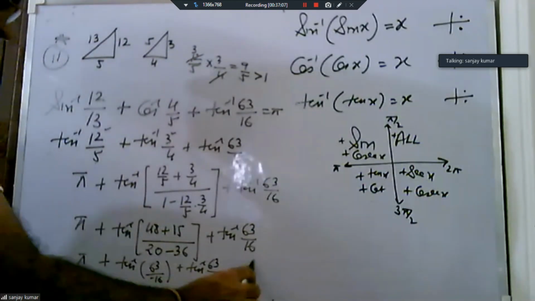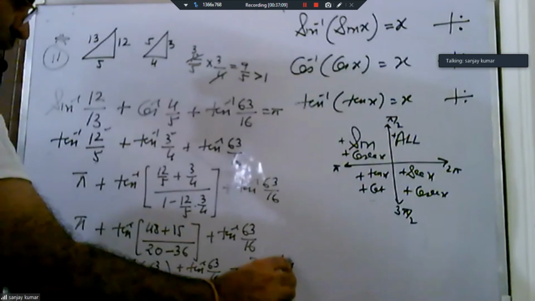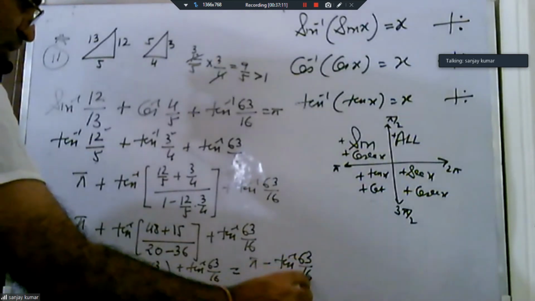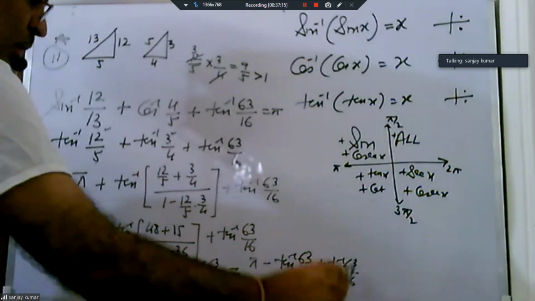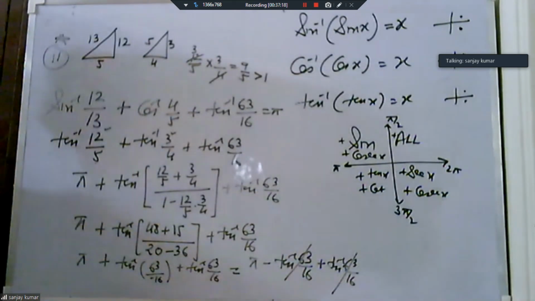That is pi minus tan inverse 63 by 16 plus tan inverse 63 by 16. So this cancels and we get the answer, which is pi.